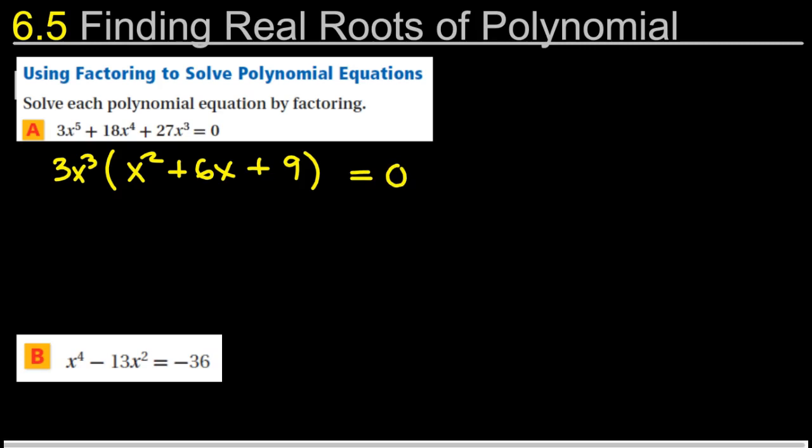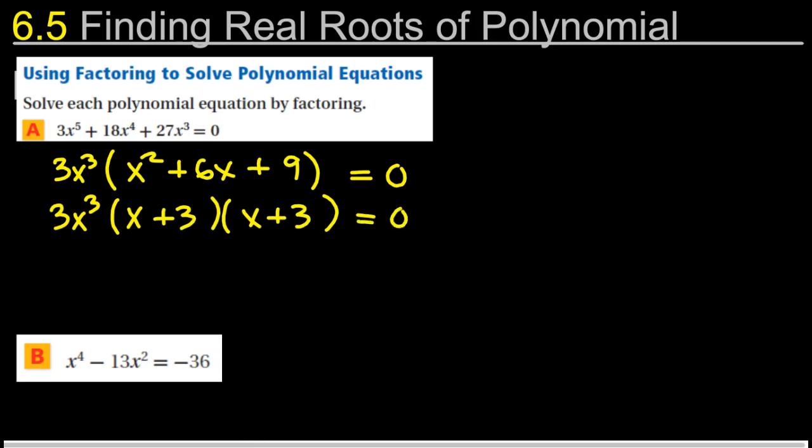The stuff that's remaining is a quadratic trinomial, so you should be familiar with unfoiling those. So we will unfoil that stuff, and what we end up with here is 3x cubed times x plus 3 times x plus 3. So for the solution to that, what makes 3x cubed 0?